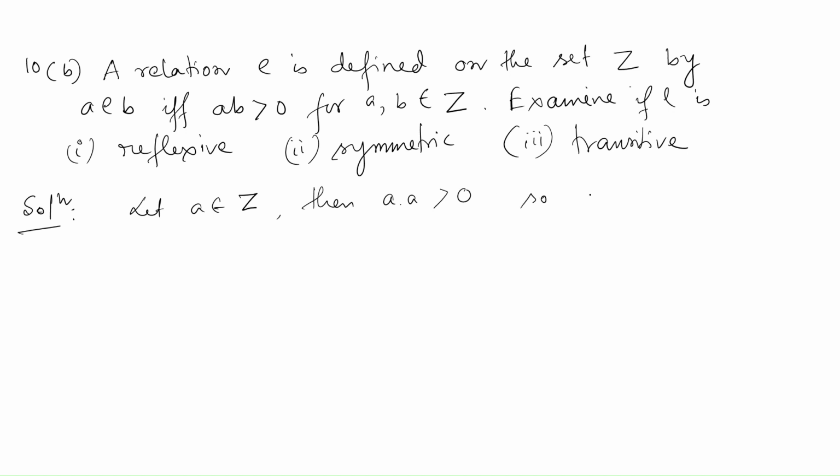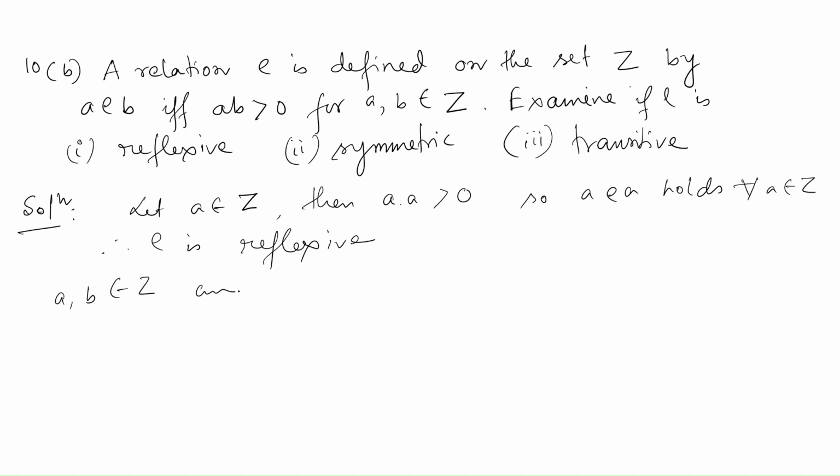So a rho a holds for all a belongs to Z. Therefore, rho is reflexive. Now let a, b belongs to Z and a rho b. Then ab greater than 0, which imply ba greater than 0, which imply b rho a. Therefore, rho is symmetric.